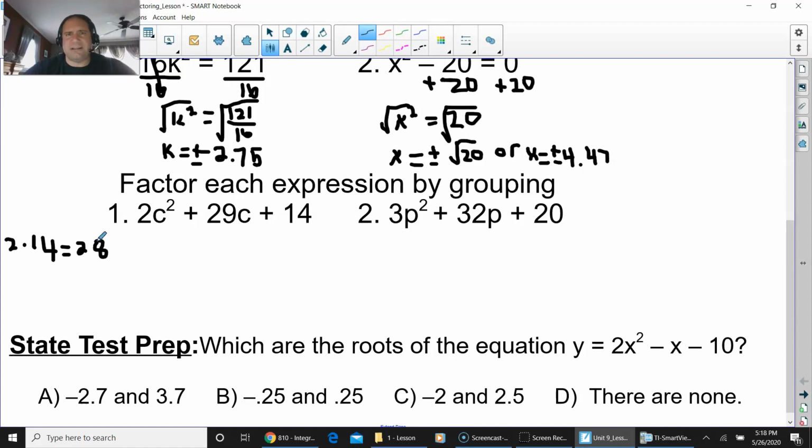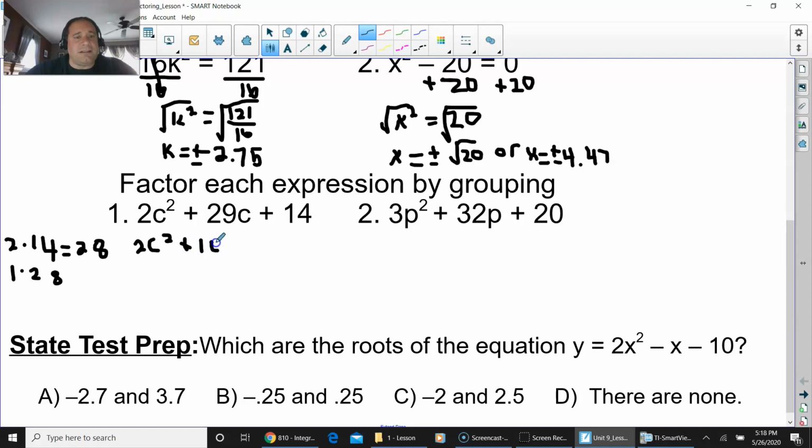And that's pretty easy because the first one on my list, 1 times 28, if everything is positive, that adds to 29 and it also multiplies to 28. So I have 2c squared. I'm just going to bring that down, and I'm going to bring down this positive, and I'm going to just put 1c.